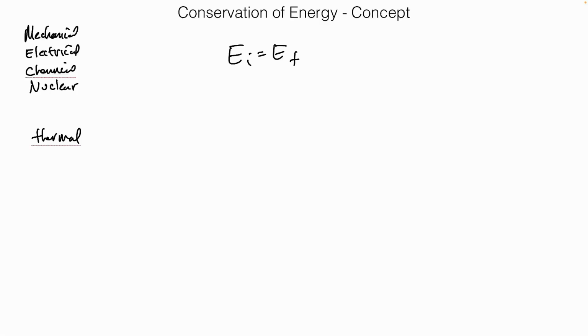But what we're going to do is allow for energy to be lost to a system. So in other words, if I want to concentrate on the mechanical energy of the car, I would say that it does lose mechanical energy to thermal energy, and we're not going to keep track of that.